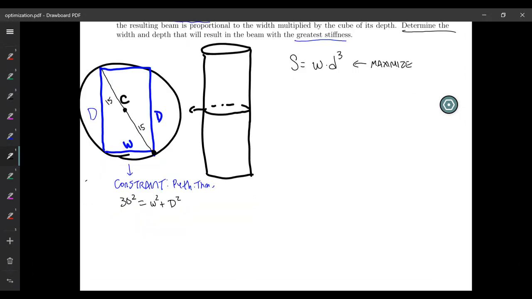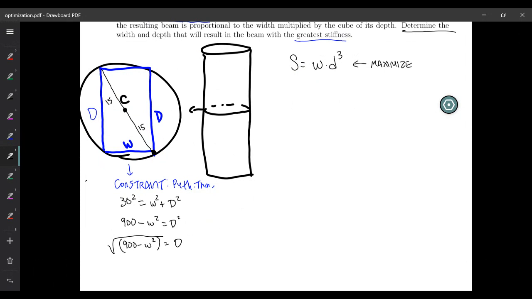So if I solve for D, I get the square root of 900 minus W squared. This will be a positive distance because this is a rectangle.